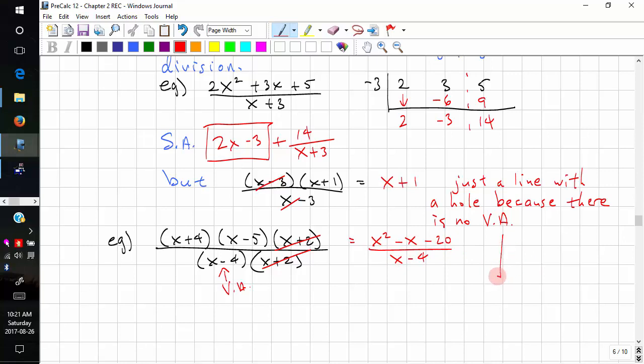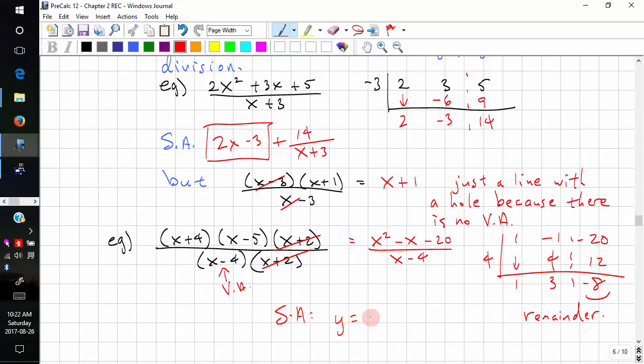So if we do a division, we have 1, negative 20, and we're dividing by 4. 1, 4, 3, we're adding, multiply, 12, -8. So there is a remainder. Okay, so our slant asymptote would be y equals x plus 3.